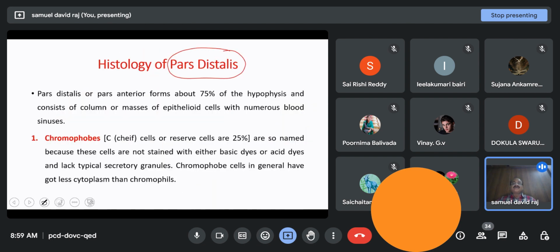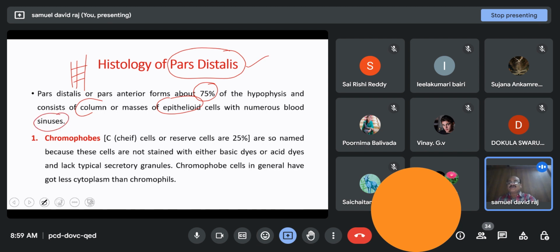And coming to the pars distalis, its histology. This forms about 75% of the entire pituitary gland and consists of a number of epithelioid cells arranged in columns, with numerous blood sinuses.